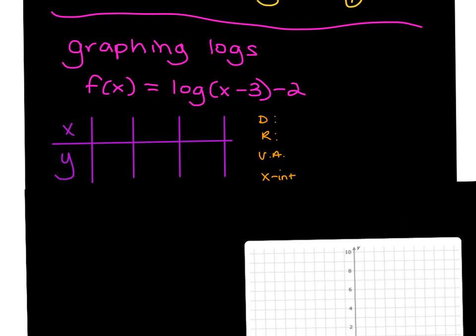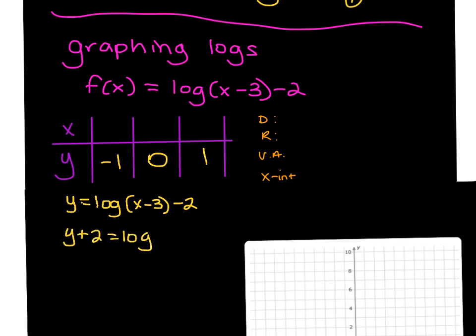when you're dealing with logs, you're plugging in for what? The y, right? So I do -1, 0, and 1 on the y. So I've got to get y equals log base 10, in this case, of x minus 3, minus 2, solved for x. So I'm going to add the 2 to both sides, getting rid of it on the right.